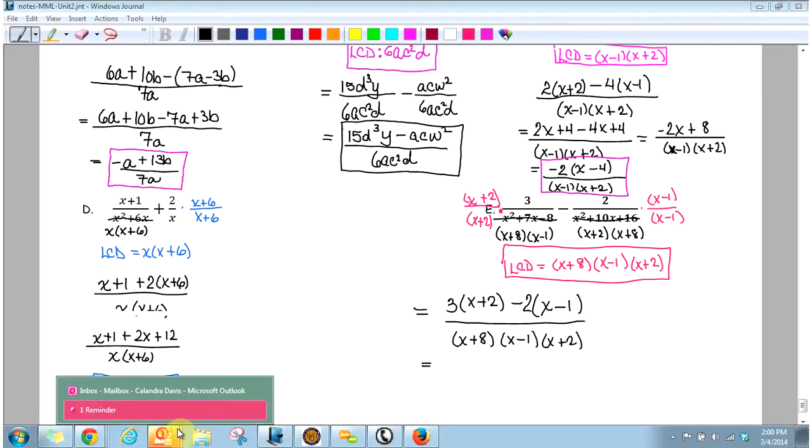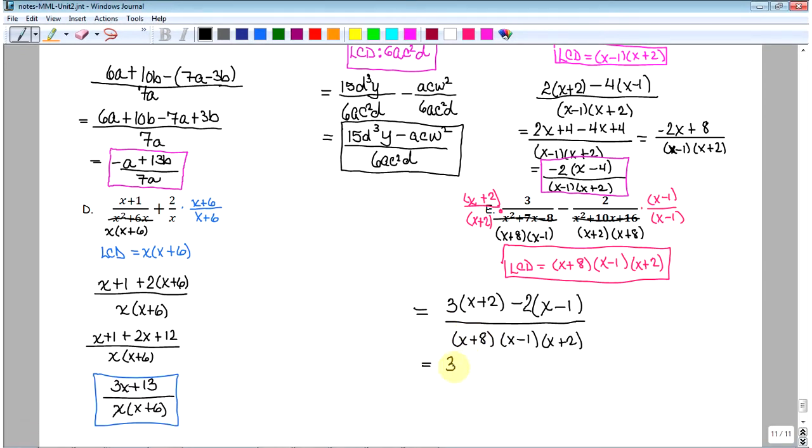So now we need to distribute what we have in the numerator. So we have 3x plus 6 minus 2x plus 2, all divided by that denominator, x plus 8 times x minus 1 times x plus 2.